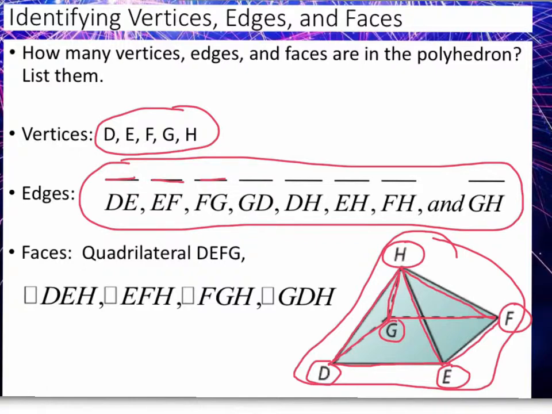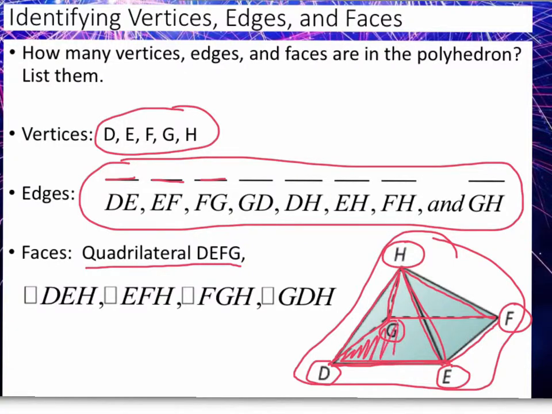And now for the faces, they're all quadrilaterals. Okay, so here we have quadrilateral DE, DEH, okay. And then EF, oh, excuse me. Oh, okay. I made a mistake. I was like quadrilaterals. They're not all quadrilaterals. So the first one is the quadrilateral down here.